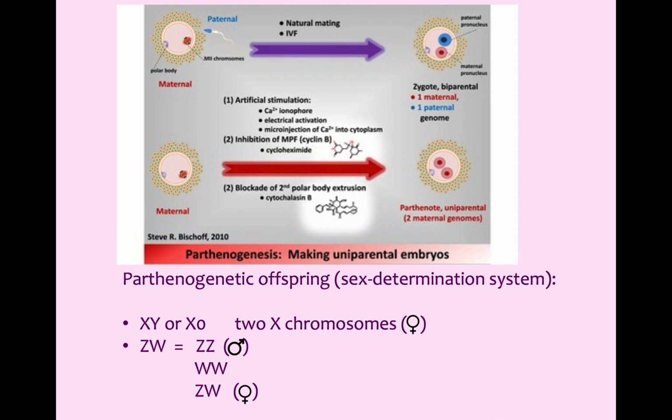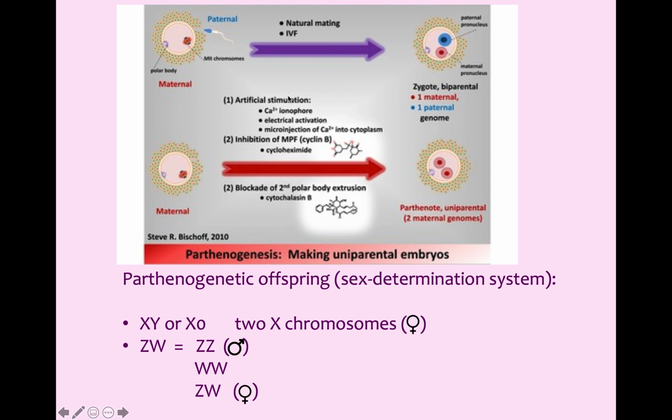So what is parthenogenesis, and how could it be used to make a uniparental embryo? We know what happens through natural mating and also IVF. But through parthenogenesis, from the parental side there is only one source, either the man or the woman, you just have to choose.